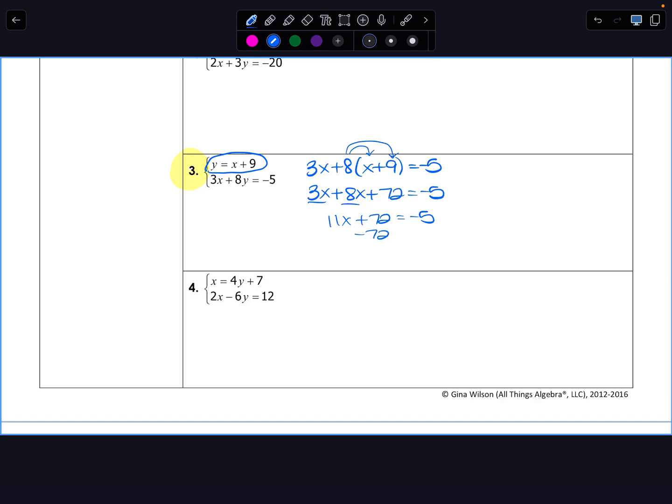So I subtract 72 from both sides. And I get 11x is equal to negative 77. Divide both sides by 11, and I get x is equal to negative 7.